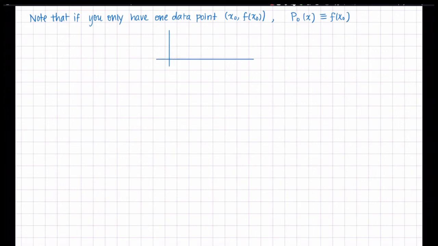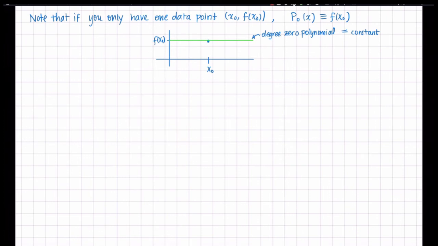There's only one data value, x naught, and the corresponding f of x naught output value. You don't know the function f, so the degree 0 polynomial is a constant function. There's only one data point. That's the n plus 1 data point, and so your n is 0. The degree 0 polynomial is this constant function.